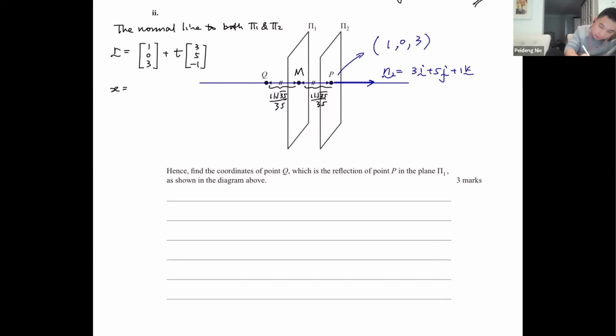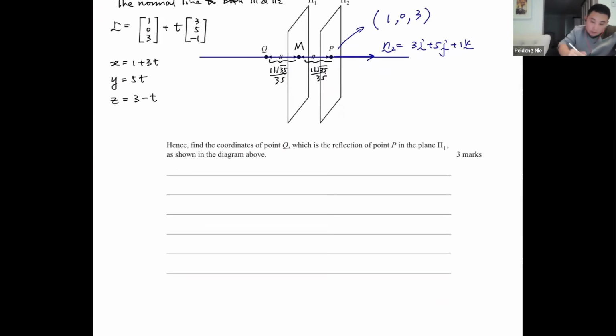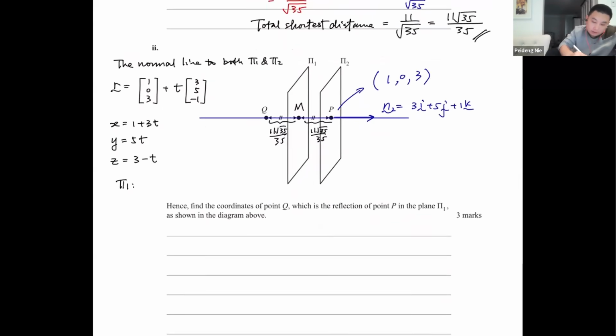So we have x equals 1 plus 3t, y equals 5t, and z equals 3 minus t. You can substitute the three equations into pi 1 to find the intersection between a line and a plane. So what is my pi 1? 3x plus 5y plus z equals negative 5.